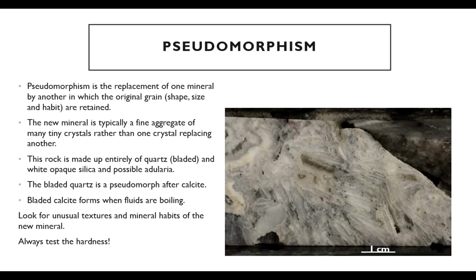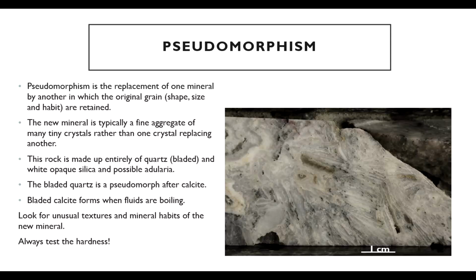So one of the most common ones, and this is not just alteration, in metamorphism as well, is called pseudomorphing. So, a fancy word to say something that takes the form of something else. Morph being form and pseudo meaning false form, if you like. So it mimics the relic phase.